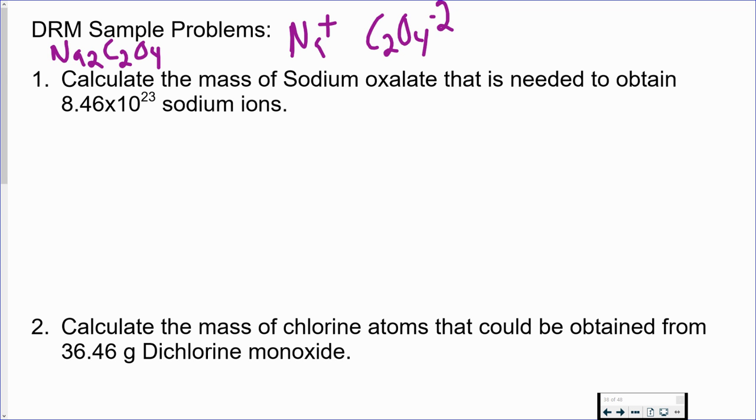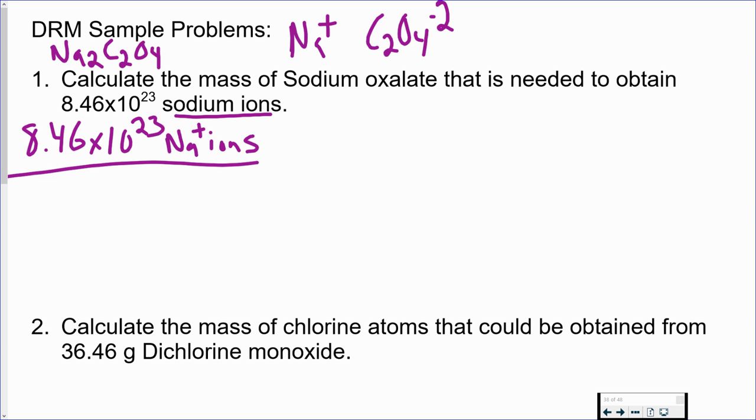And we're going to get that many sodium ions. So we're going to start in sodium ions. That is 8.46 times 10 to the 23rd Na plus ions, or ions Na plus, either way is fine, over 1.